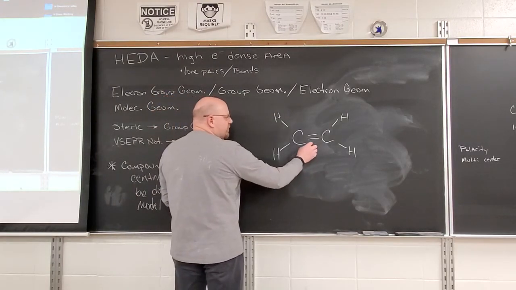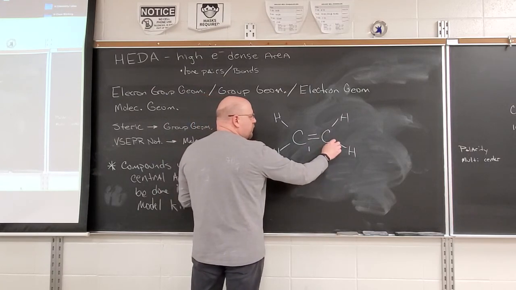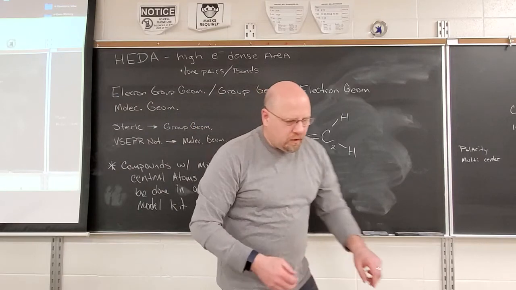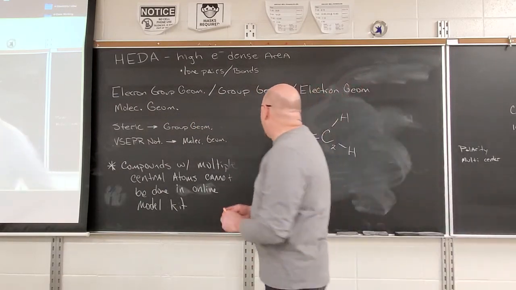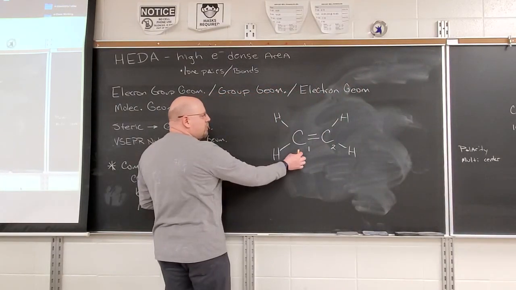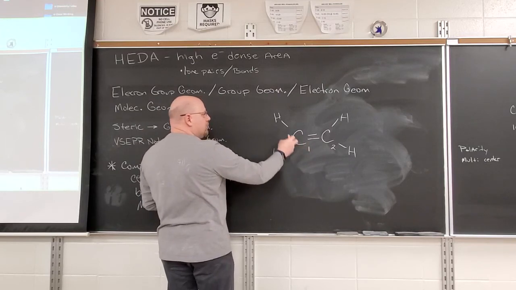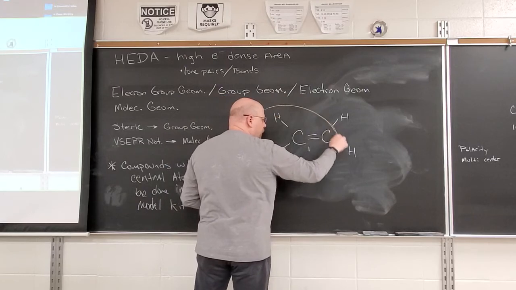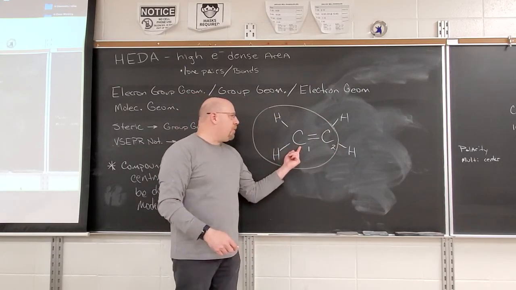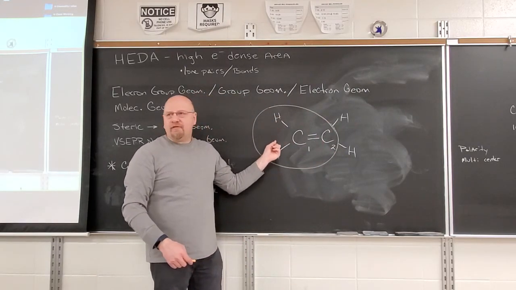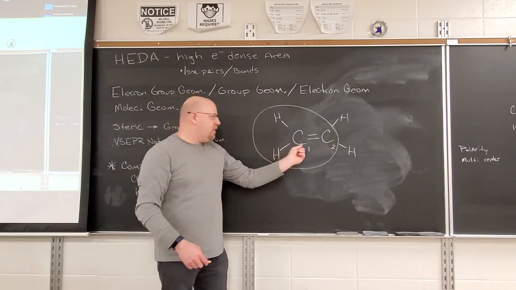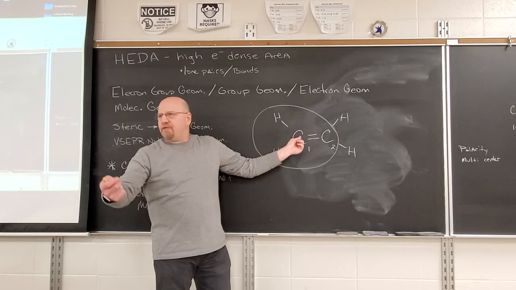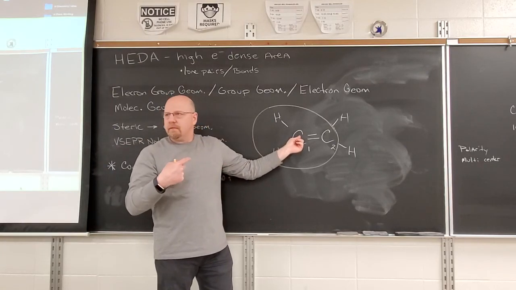So I would designate this carbon 1 and this carbon 2, all right? And what we would do is look at the geometry around this carbon. We look at this carbon, and these two hydrogens. And this would be our central atom. We do our VSEPR notation and stuff for that carbon.